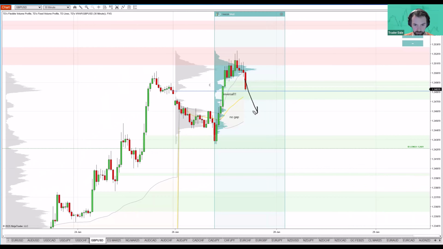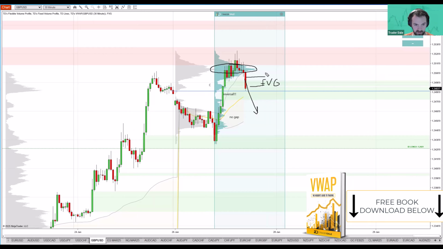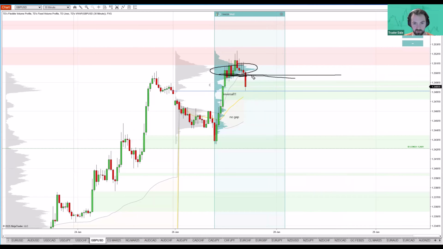If there is a strong sell-off and there is a huge fair value gap, then this looks like a good level to trade from. This heavy volume zone, and the level would be somewhere in here, maybe even lower at the beginning of the fair value gap. But let's see what happens now. If the price went like this, and if there was this first deviation of the weekly VWAP like this, if the price hit it, ideally somewhere in here in this heavy volume zone, then this would be one of the VWAP setups which I teach in the VWAP course.